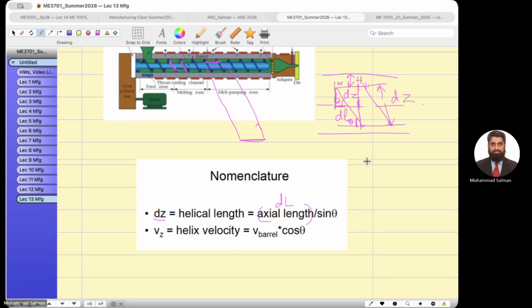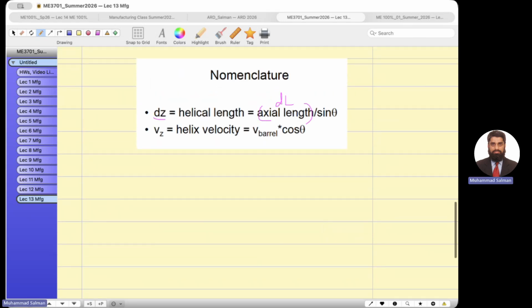DZ. Let me clearly redraw it here. Suppose this is my screw. Okay, and this is the angle with the vertical line, and this is my DZ. This is my straight line DL.